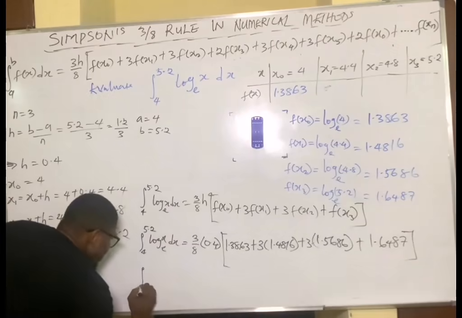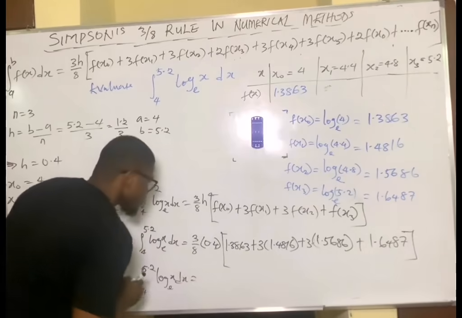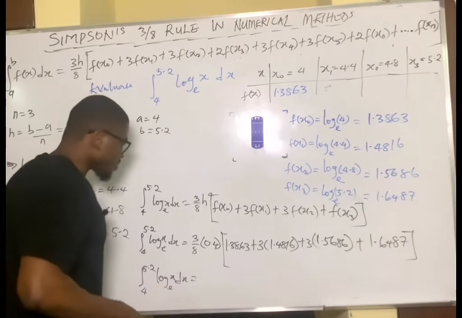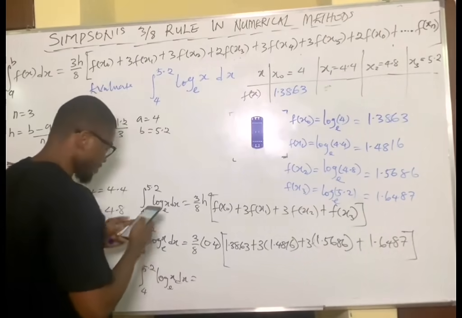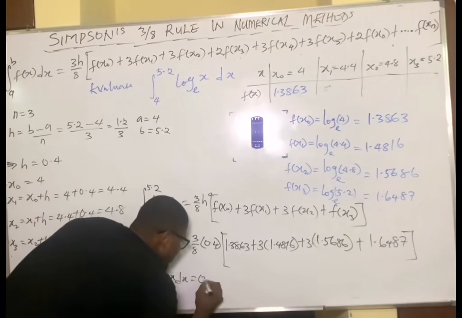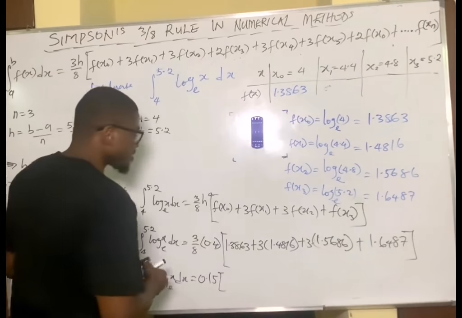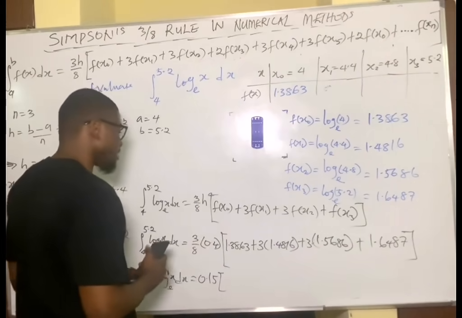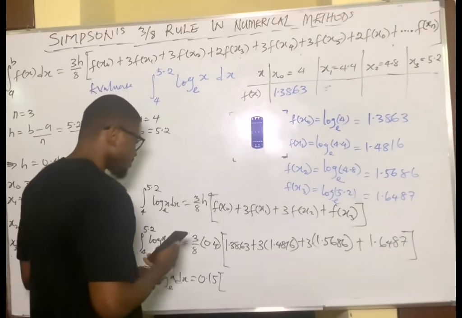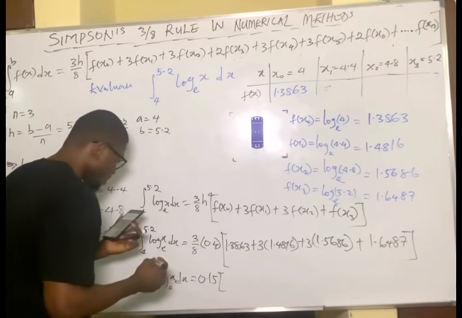So the integral from 4 to 5.2 of log to base e of x dx is going to be equal to, let's obtain 3 times 0.4 divided by 8. So we have 0.15 here. I'm going to evaluate everything in the brackets all together, so do well to use your calculator to avoid calculation errors. Everything in the bracket simply gives us 12.1856.